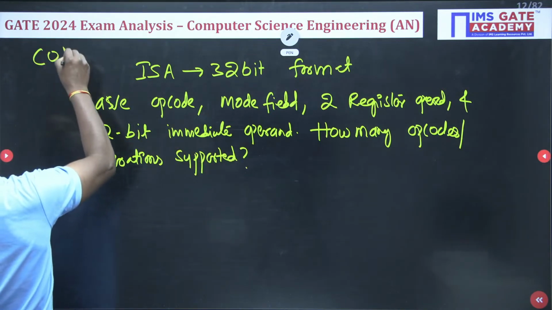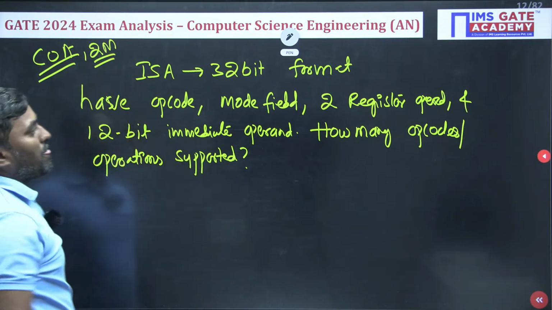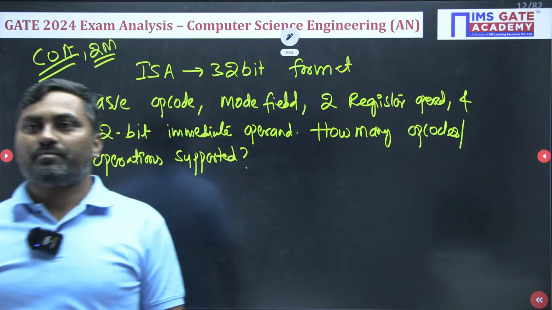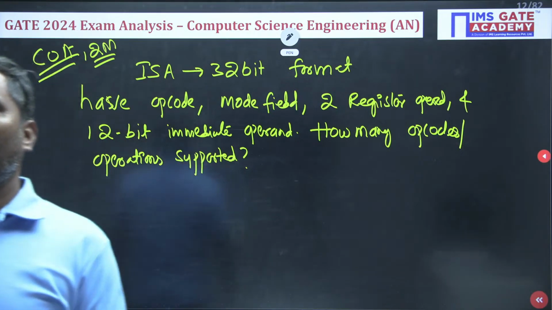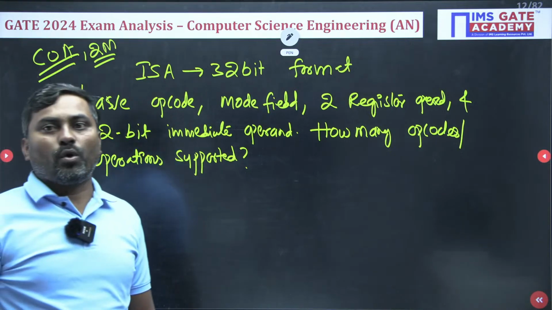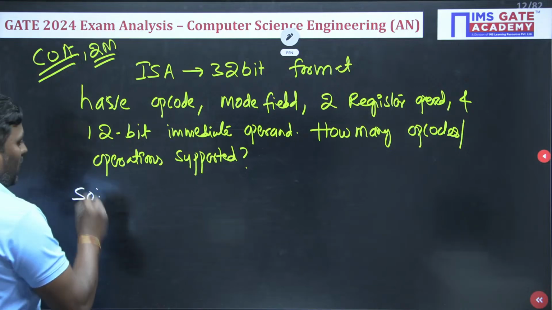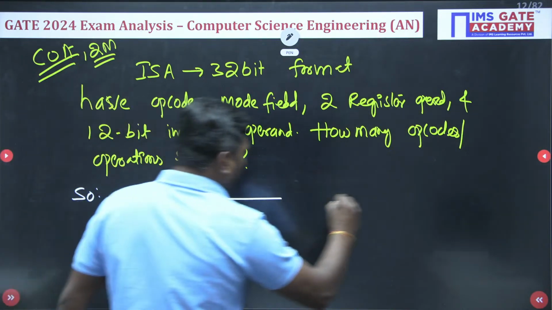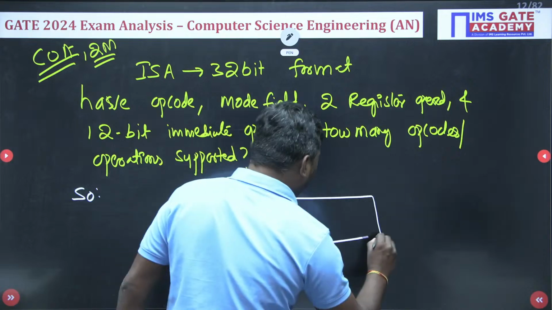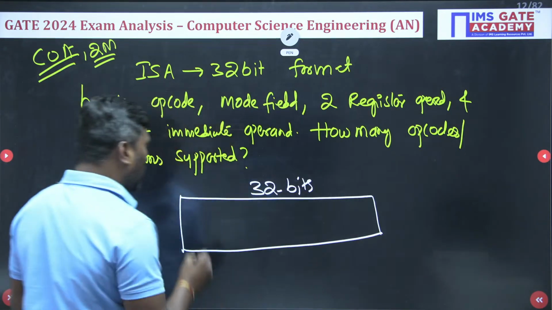This question is from COA, a 2 mark numerical type question. Okay, so look at this one. The instruction format length is 32 bits. Such types of questions were already discussed.